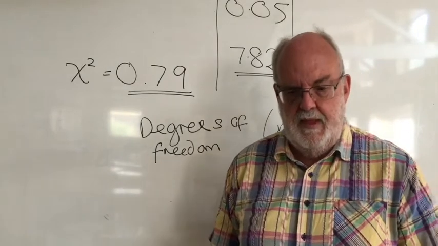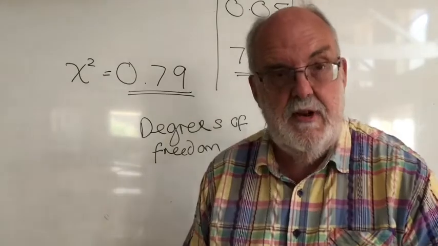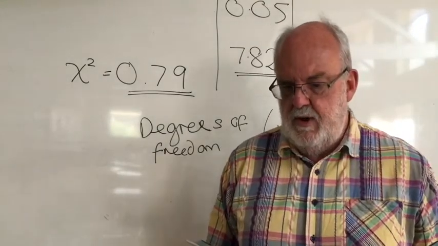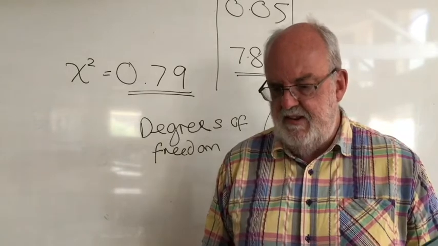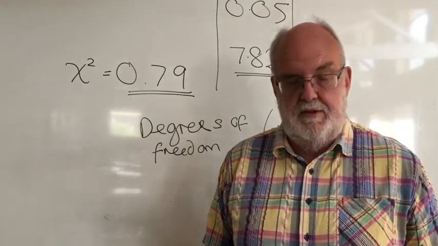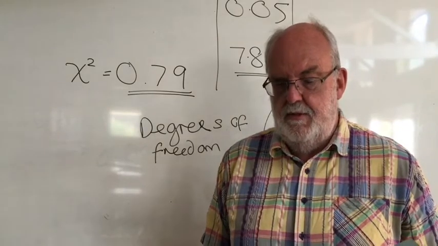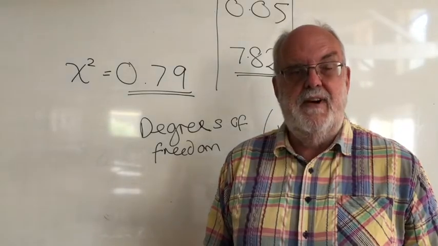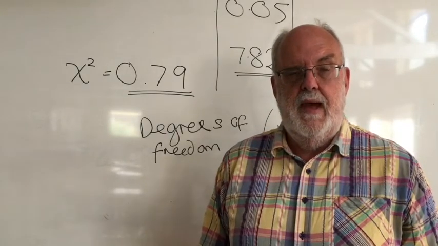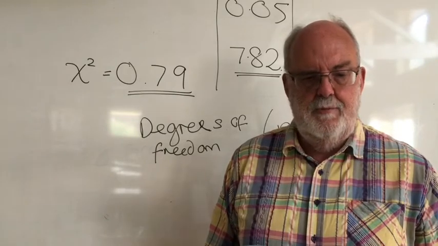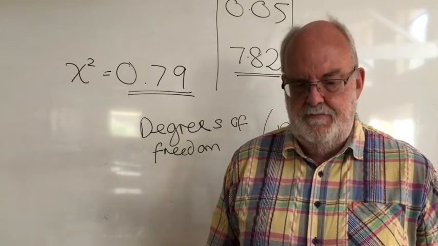Now that information should allow you to do the questions in the prep. If you look at the question on page 387, what you've got there is a set of results. Those are the observed results. So you're going to need to add them all up to find out how many you had, and then put it into the little formulas like in the first orange box on the previous page.